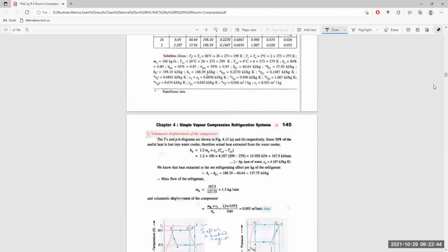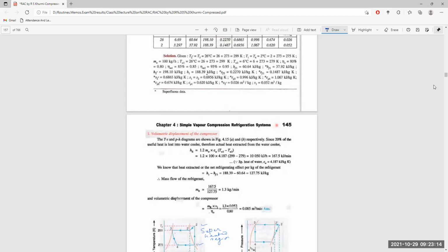T2 dash is equal to T3, which is given as 26 degrees centigrade, which you have to convert to Kelvin, 299 K. And T1, the temperature of the evaporator, is equal to T4 itself. It is only 2 degrees centigrade, that is 2 plus 273, equal to 275 degrees Kelvin itself.